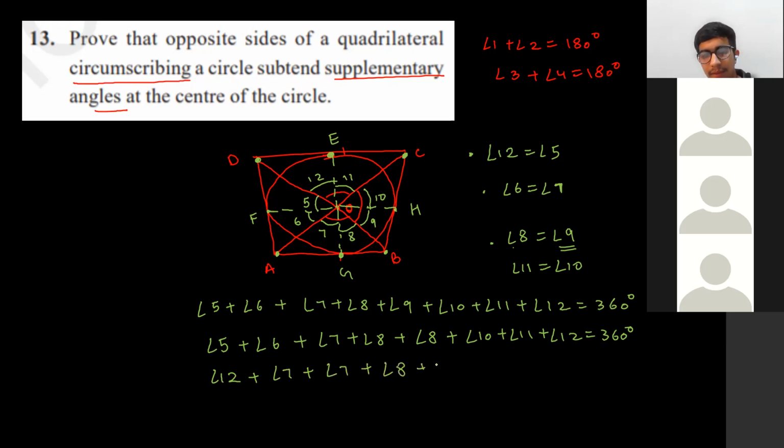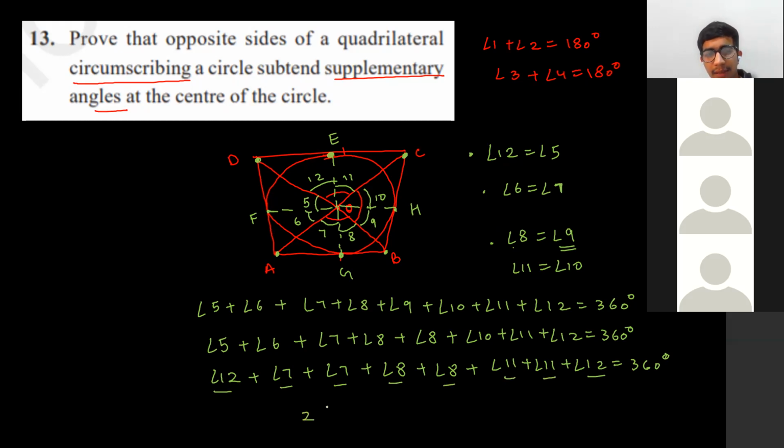This is angle 8. Angle 10 is equal to angle 11, plus angle 11 plus angle 12. So you can clearly see that we have 2 times angle 12, 2 times angle 7, 2 times angle 8, 2 times angle 11.